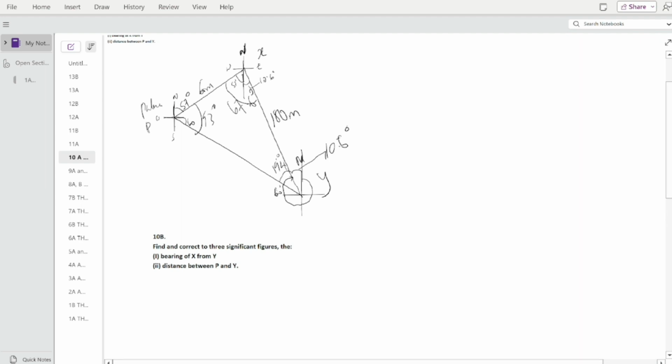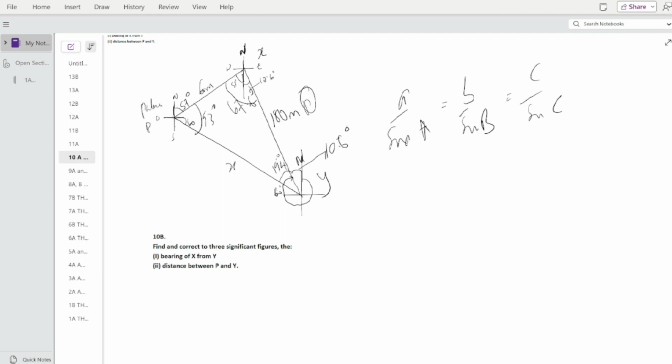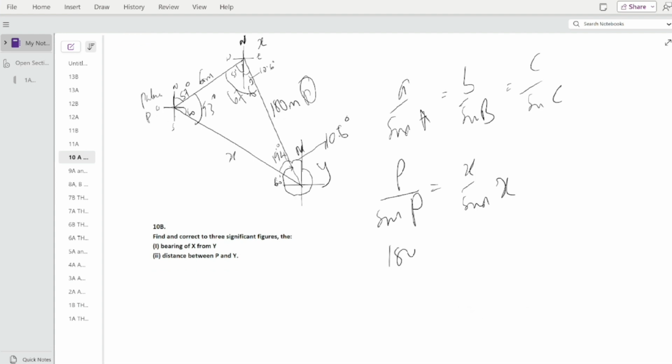Using the sine rule, which says a over sine A equals b over sine B and c over sine C. Since we're looking for the small x, and knowing that this is our P, we'll use p over sine P equals x over sine X. We know our p is 180 meters, and we know our angle P is 93 degrees, so we have 180 over sine 93 degrees equals x, which is unknown, over sine 67.6 degrees, where the big X angle is 67.6 degrees.